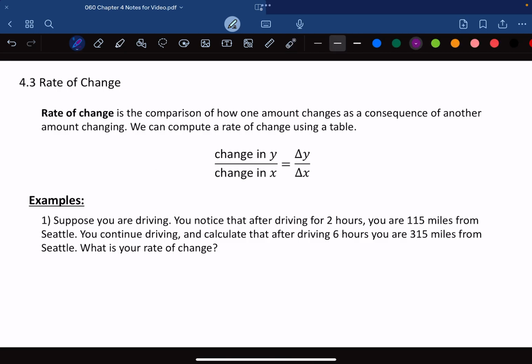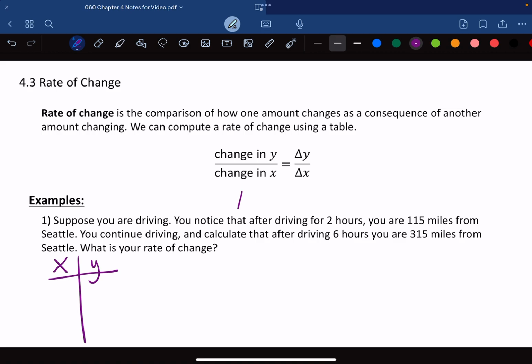The first thing you might want to do, especially because we're going to be finding the rate of change using a table, is create a table. So I'm going to create a table using x and y coordinates, and it might be helpful to determine what your x and y values are. One hint is that time is always your x value.